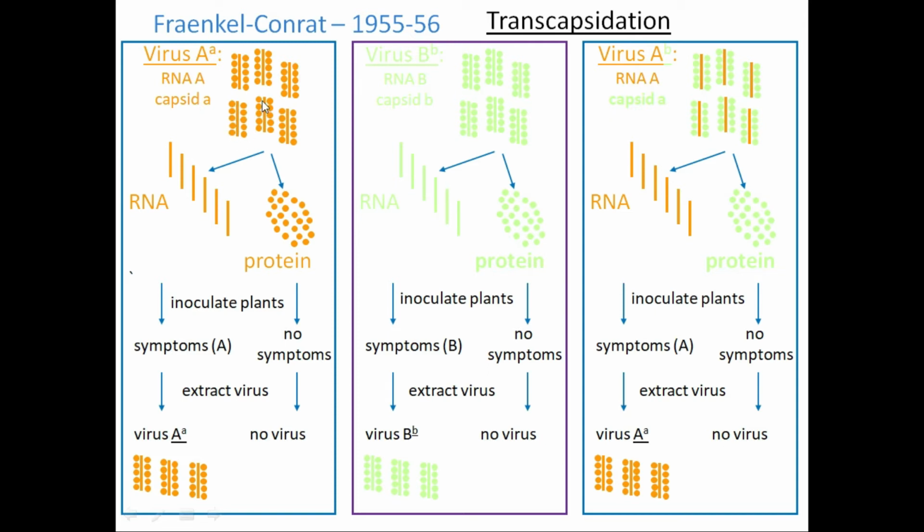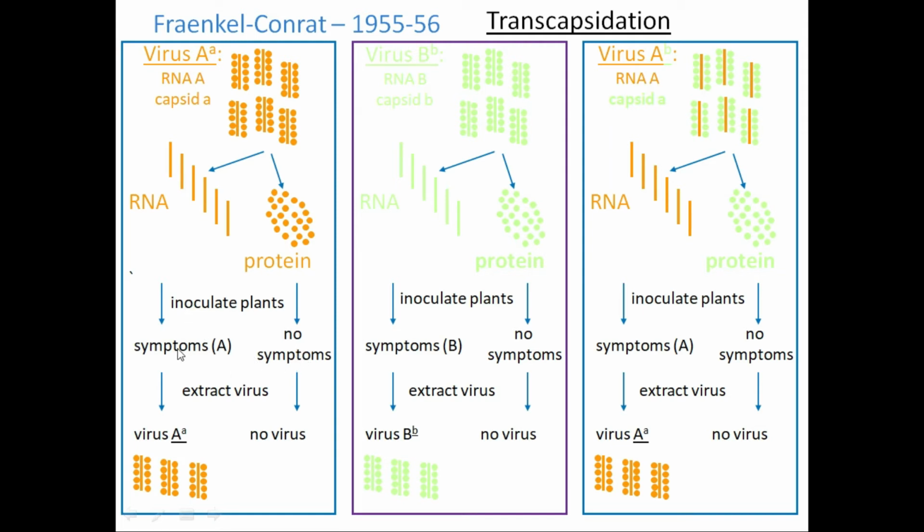Since virus is a nucleoprotein, we have the nucleic acid inside and the protein coat outside, and this protein coat is called capsid. Now we separate the components RNA and protein. We inoculate RNA into plants separately and protein into separate plants. The plants inoculated with RNA will develop symptoms. Plants inoculated with protein do not develop any symptom.